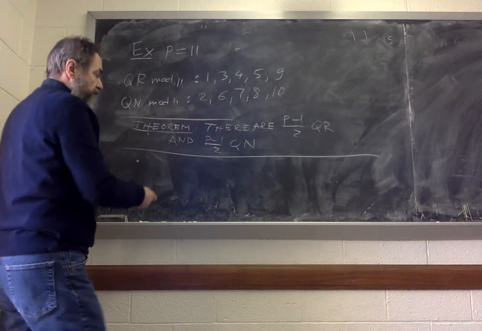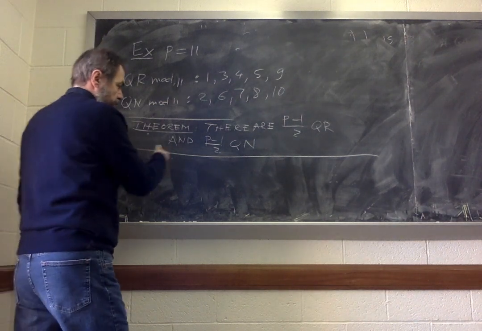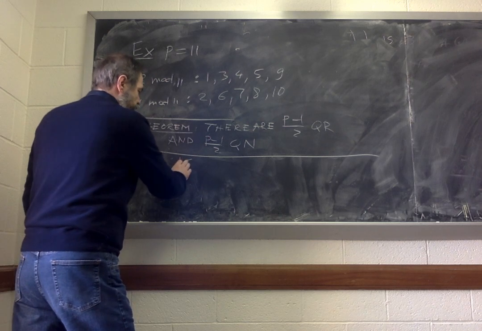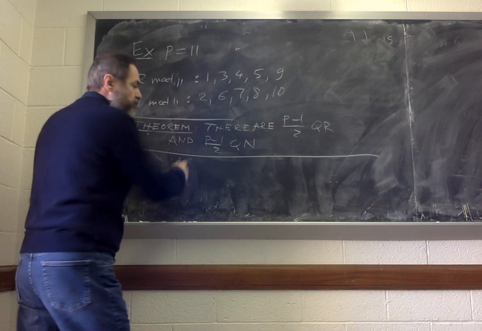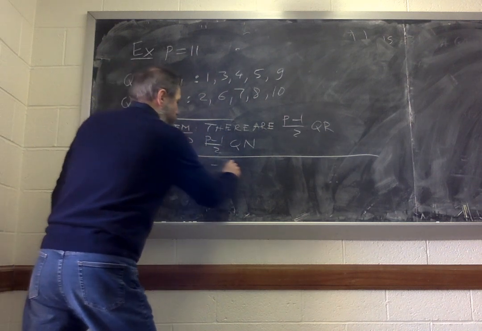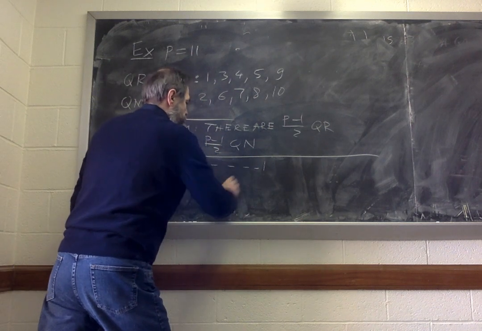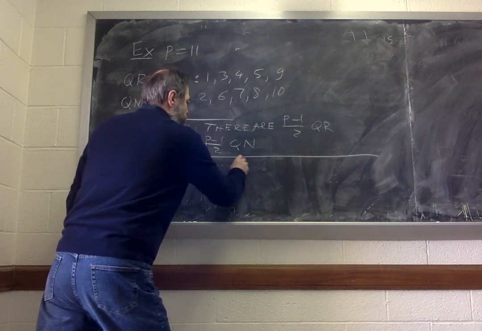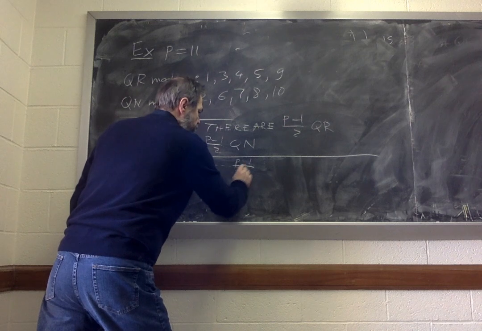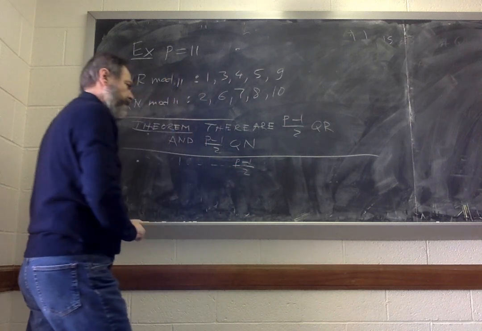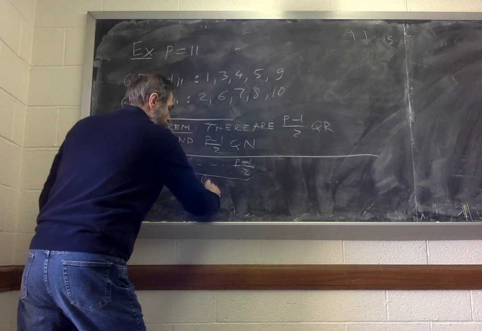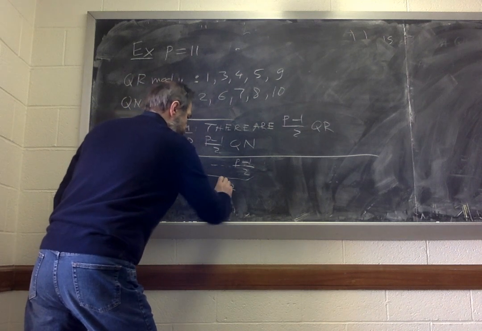And the reason is that if I take two numbers, b1 and b2, between 1 and p minus 1, the whole thing divided by 2, in the first half of the interval, b1, b2.